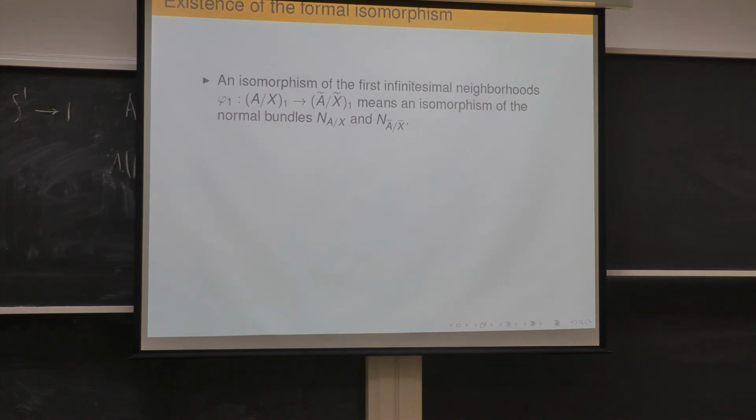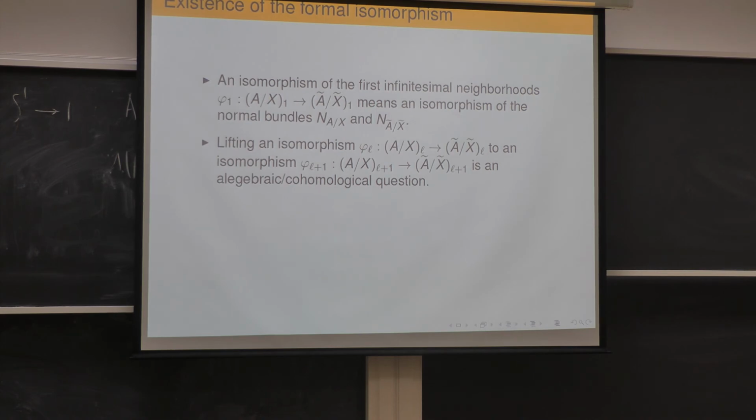And the existence of an isomorphism of the first infinitesimal neighborhood is more or less equal to the isomorphism of the normal bundle. And then the problem of lifting the Lth order isomorphism to an (L plus first)-order isomorphism is an algebraic question, a cohomological question.